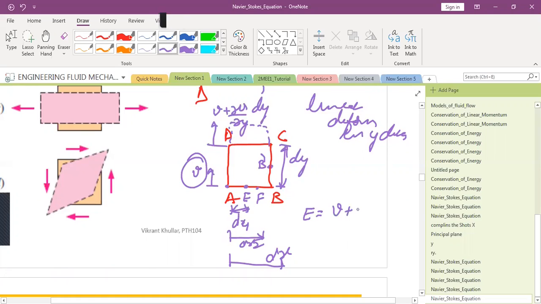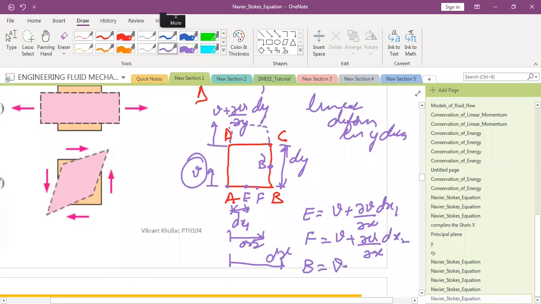What would be the velocity of E? v plus curly v by curly x into dx1. The velocity of F is v plus curly v by curly x into dx2. And the velocity of B is v plus curly v by curly x into dx. Is this clear? Yes sir. Now you got it why it is curly v by curly x, not curly v by curly y.